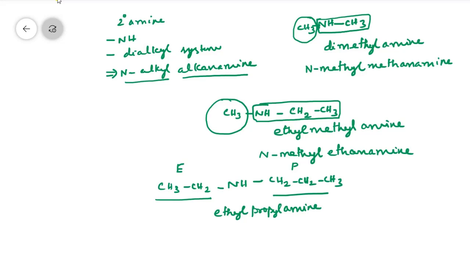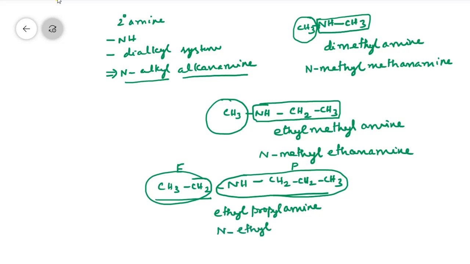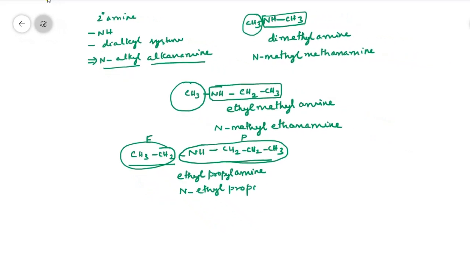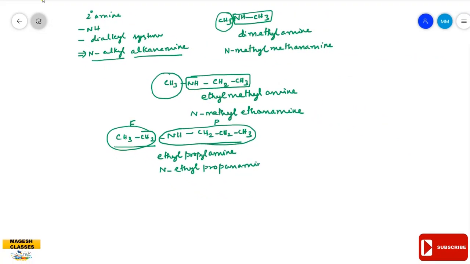Here propyl is the bulky group, so it is considered as the alkane part, to which the ethyl is attached. So the name is N-ethyl propane amine. Here propyl is the longest chain, and so ethyl is considered as the substituted part.